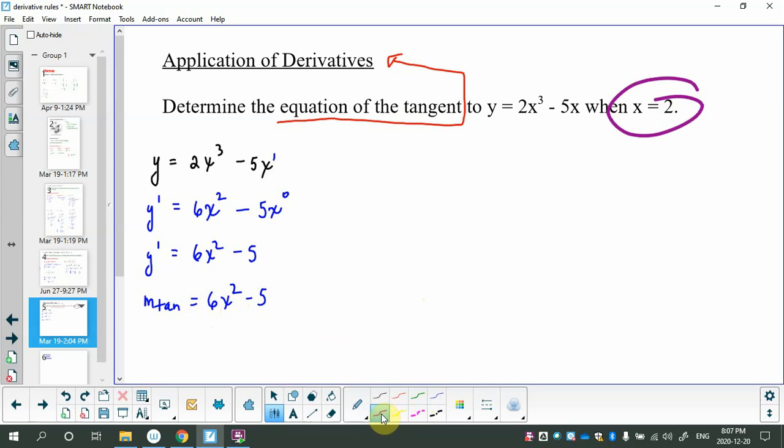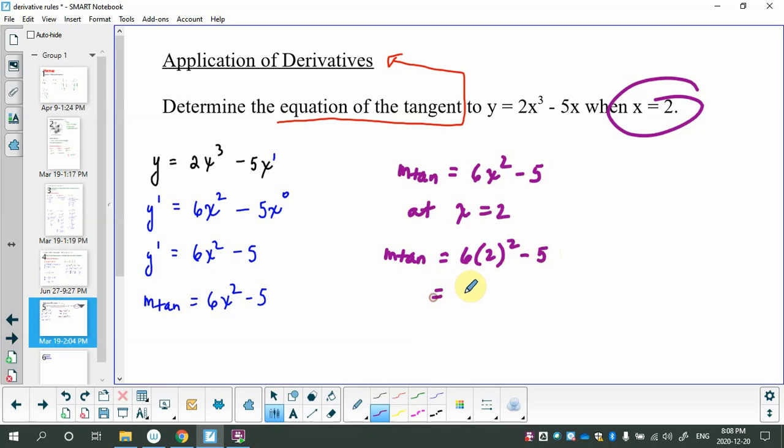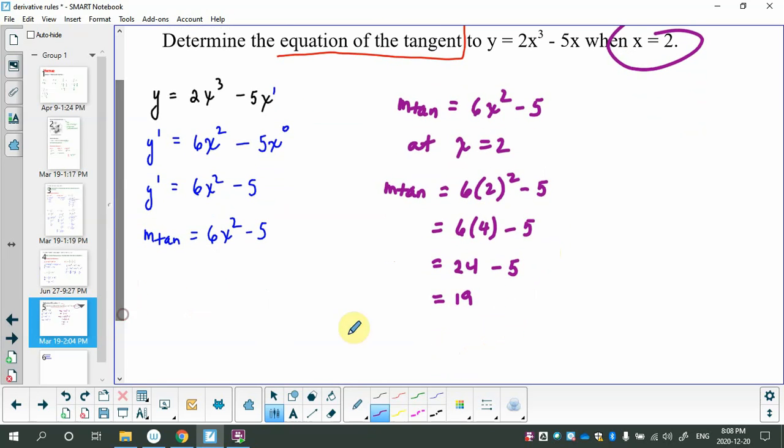So now you can actually do the slope of the tangent at x equals 2, and you can plug 2 in for the x, and you can do as much or as little bed mass as possible to get an answer, and then you can give me a therefore statement.